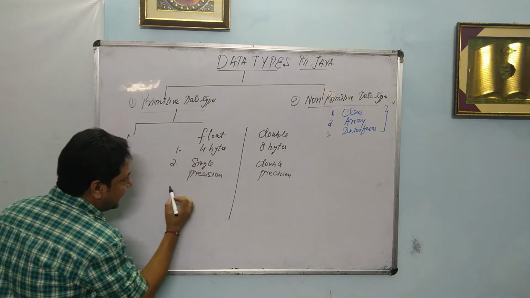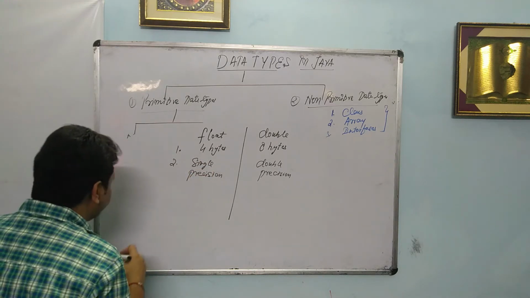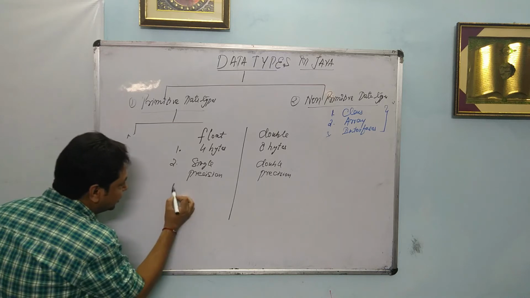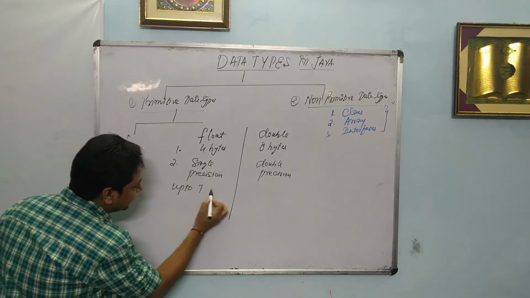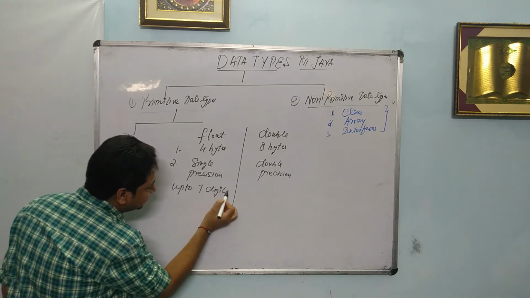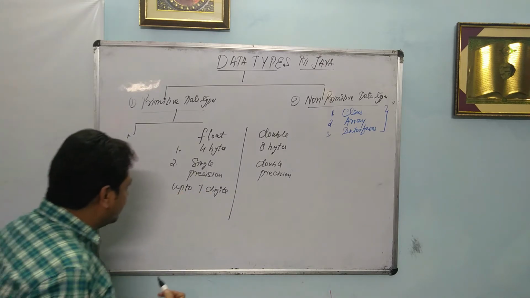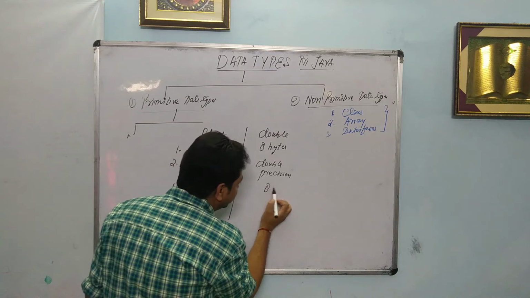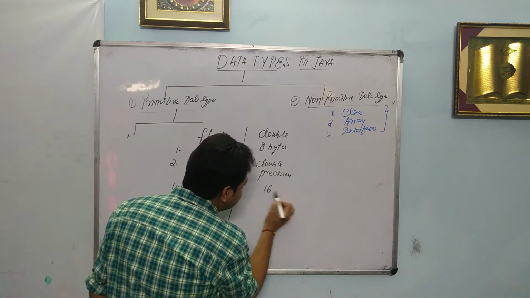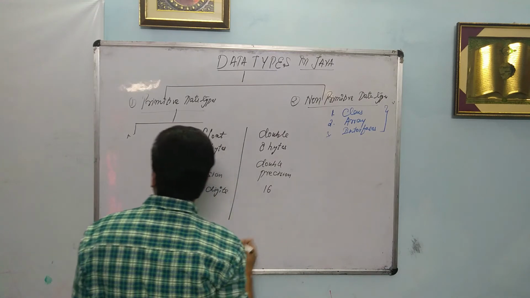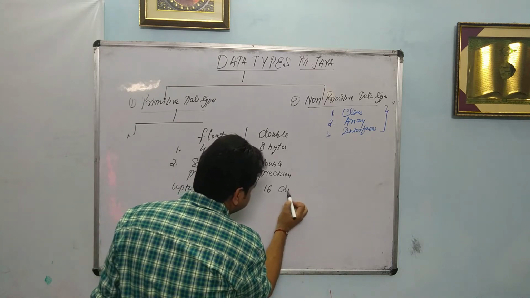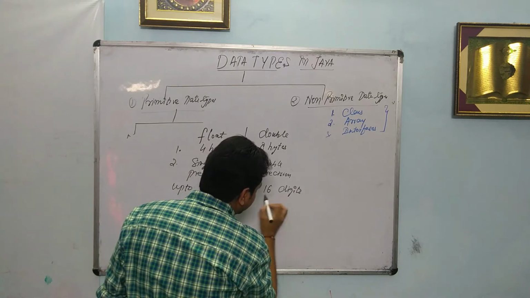Float can support the precision up to 7 digits. Double can support the precision up to 16 digits.